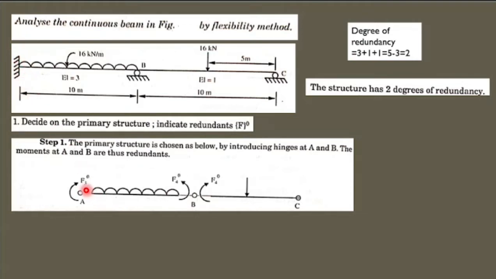Hence you got F naught here. Then you have support B. In any intermediate support, that is a hinged support, you specifically have negative bending moment and positive, yes or no? So you will be getting both kinds of moments. So at support B you have a negative moment, hence you have written F naught here.